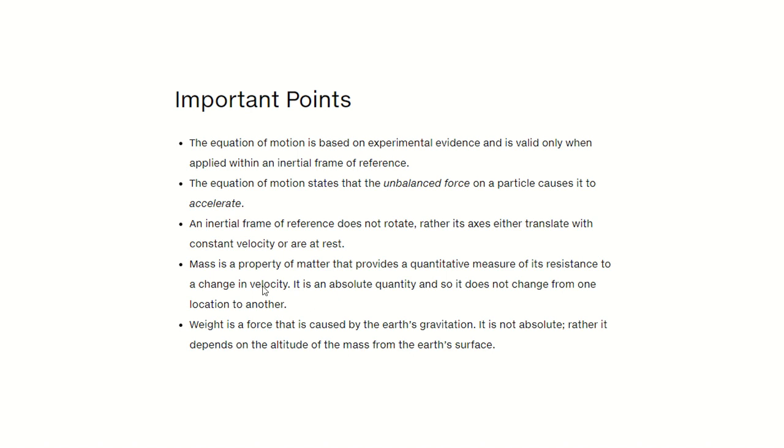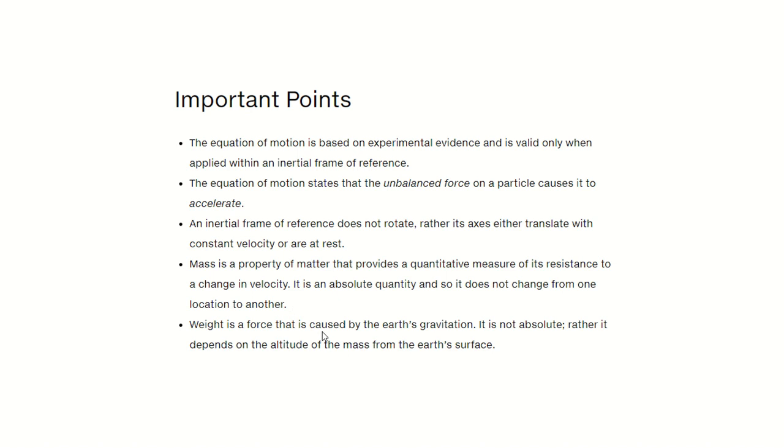Every mass is subjected to many different kinds of unbalanced forces. Every unbalanced force can cause acceleration to move that particle, but the particle doesn't want to move. It wants to resist, and we call that inertia. We also have absolute quantity, and because your mass is absolute, it is also a constant, don't forget it.